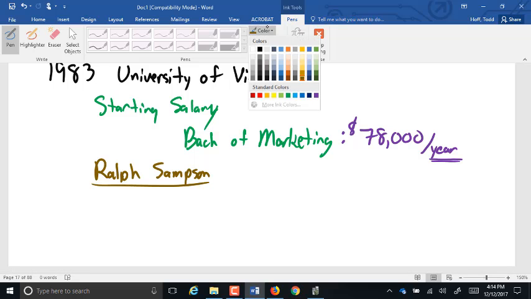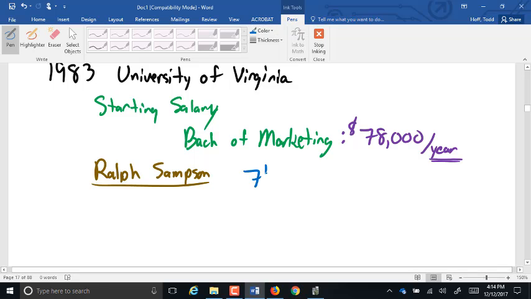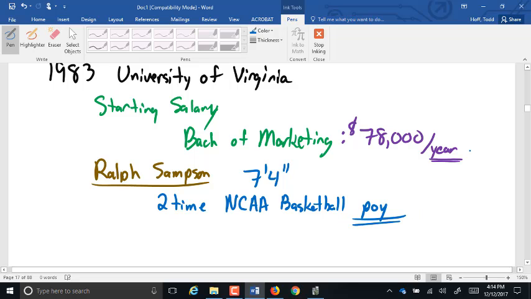Mr. Sampson was 7 feet 4 inches tall, played on the University of Virginia basketball team, and was the two-time, both his junior and senior year, NCAA Basketball Player of the Year. He was drafted first overall, number 1 draft choice to the Houston Rockets.